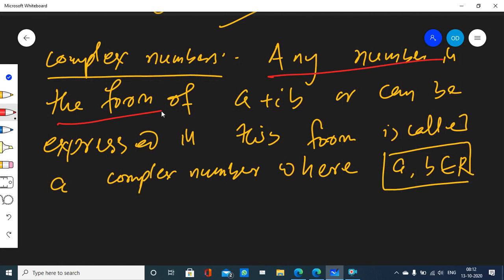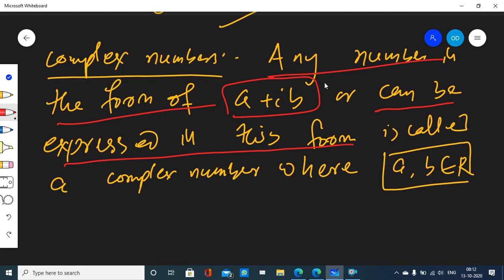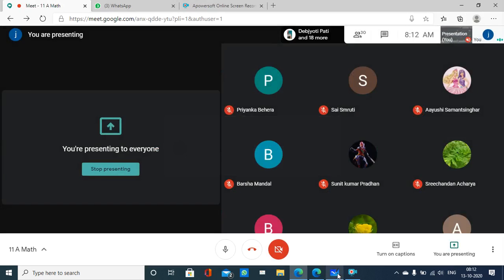If it is directly in the form of a plus ib, it's okay, or if it can be expressed in the form a plus ib, then it is called a complex number, where a and b are real numbers.